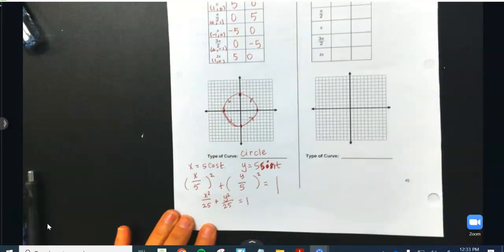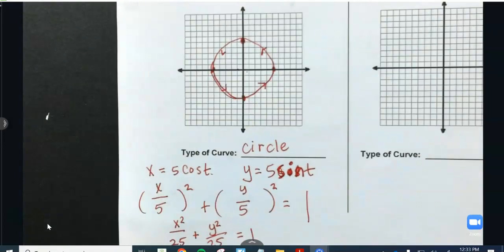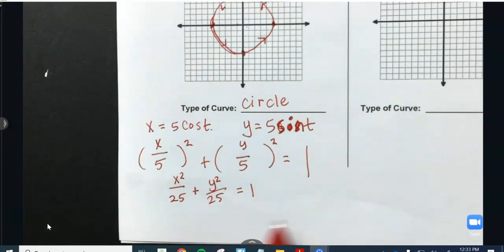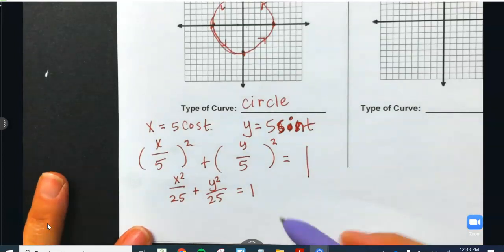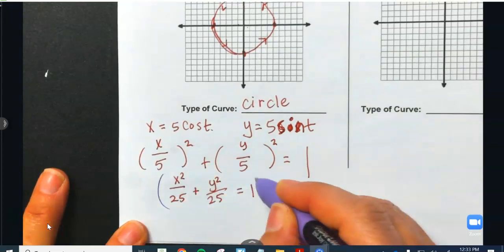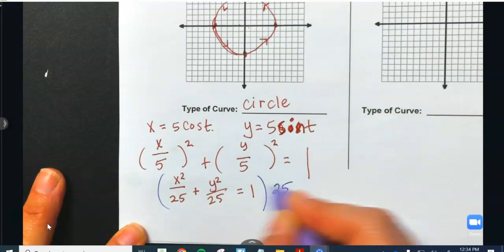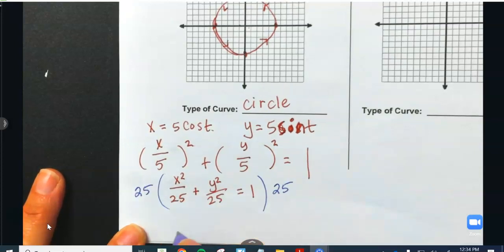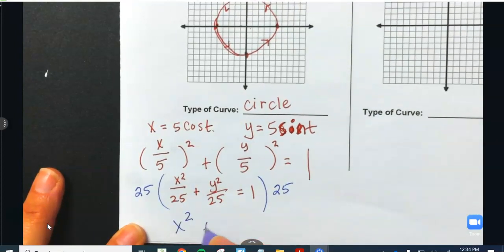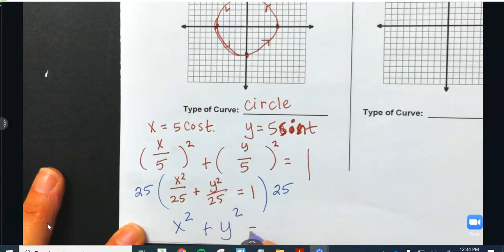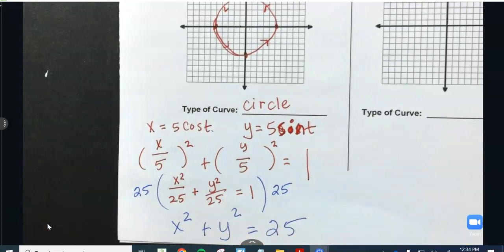But guys, remember, we knew this was a circle. And remember, circles don't have fractions. So what would we do to make this in the right form for a circle? When it comes to these conic sections, when it asks you to put it in rectangular form, y'all, that's standard form.